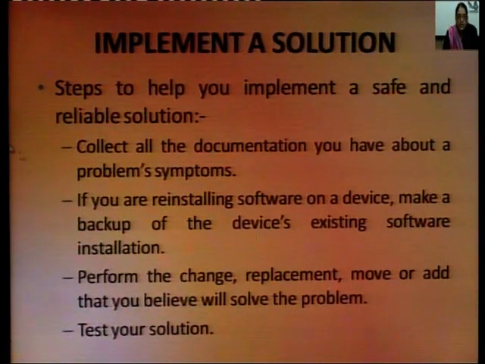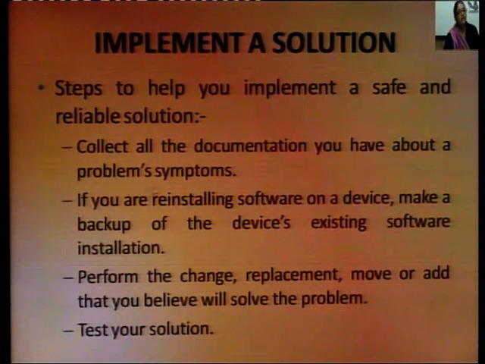After finding any kind of physical or logical connectivity errors in the system, we have to implement a solution. The steps to help you implement a safe and reliable solution are to collect all the documentation you have about the problem's symptoms from the previous steps.